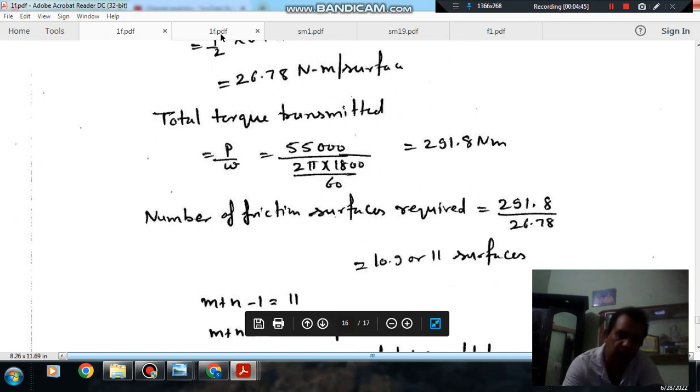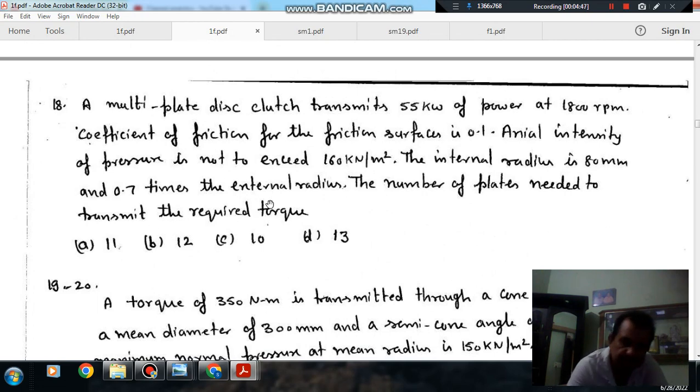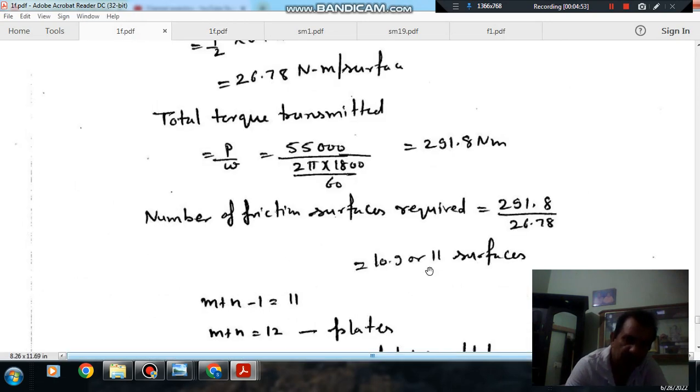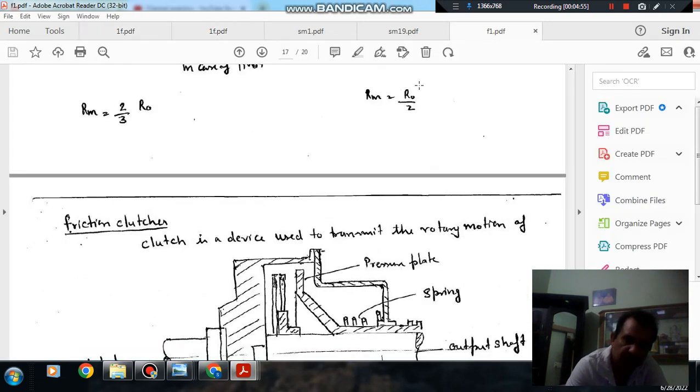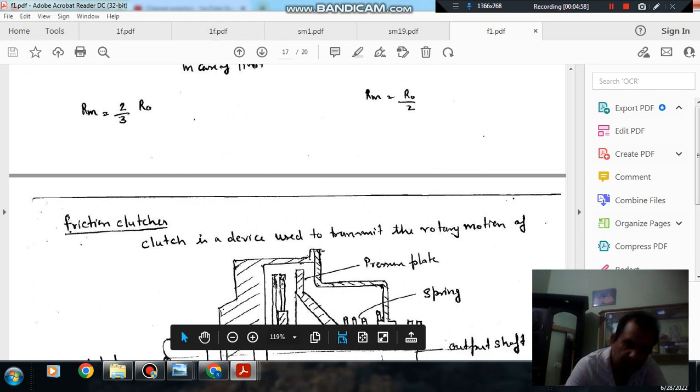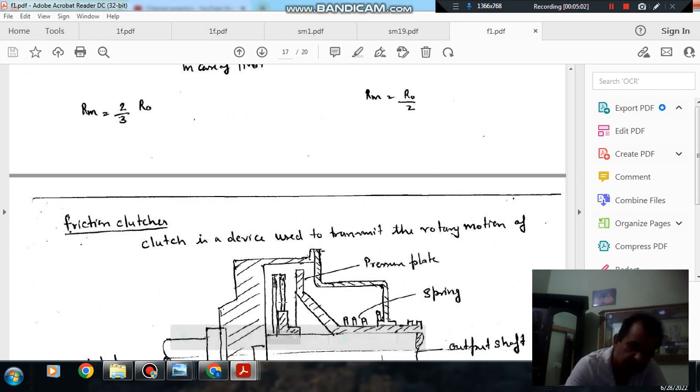Now in this question we have to determine the number of plates required to transmit the required torque. The number of surfaces is 11. If there are two plates, then there is one surface. If we add another plate, then there will be two surfaces with three plates.